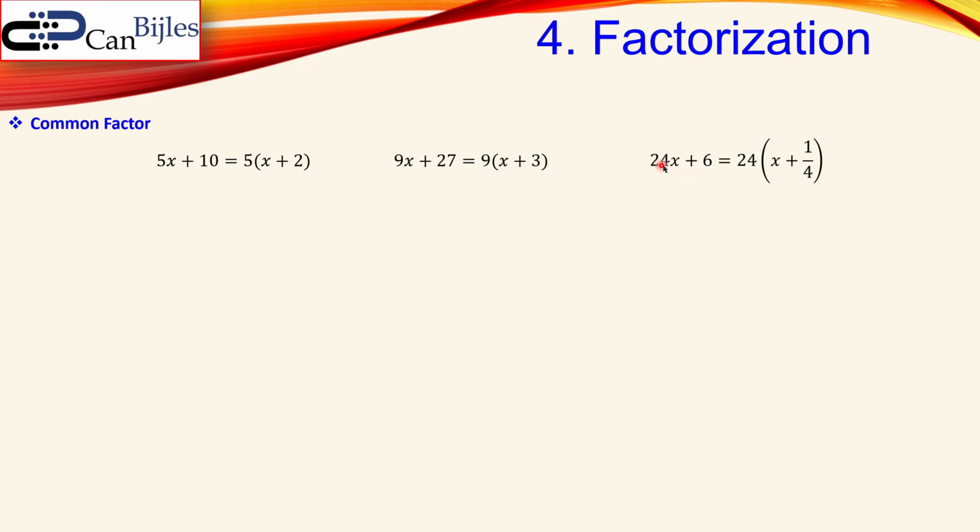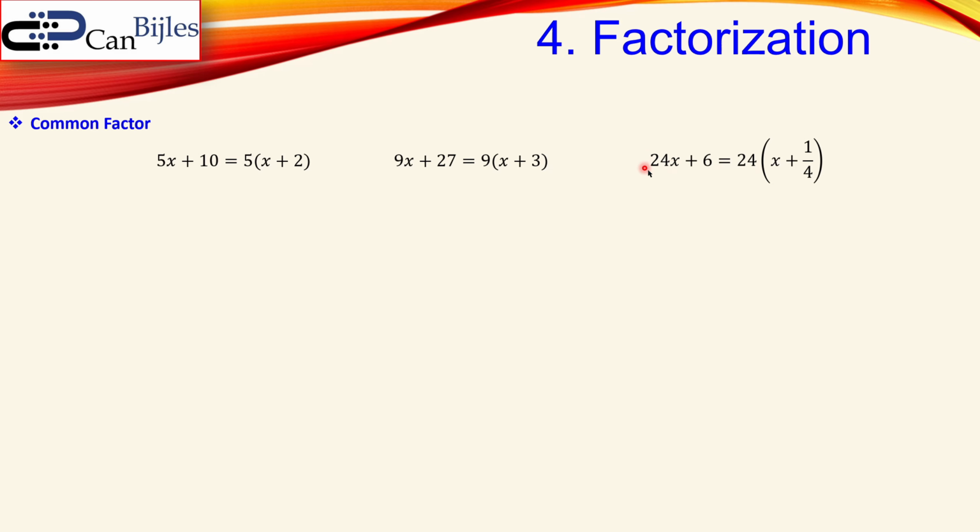So you see here 24x plus 6. Now in this case you cannot see 24 here, but we know that we can make this 24 if we, for example, divide 24 over 6, which will be 1 over 4. So if you work it out, you can see this.